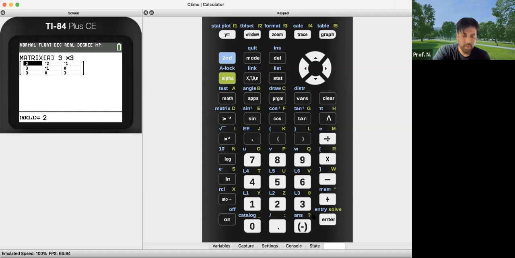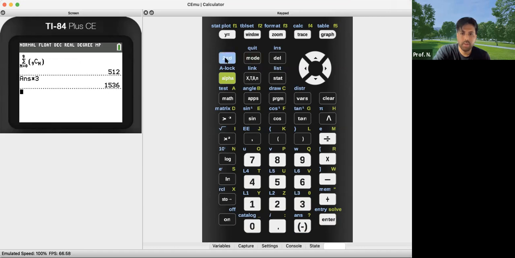Then we have 0, -3, -2, -4, -1, 1, -3, -4, and finally 2. So we have our A matrix.